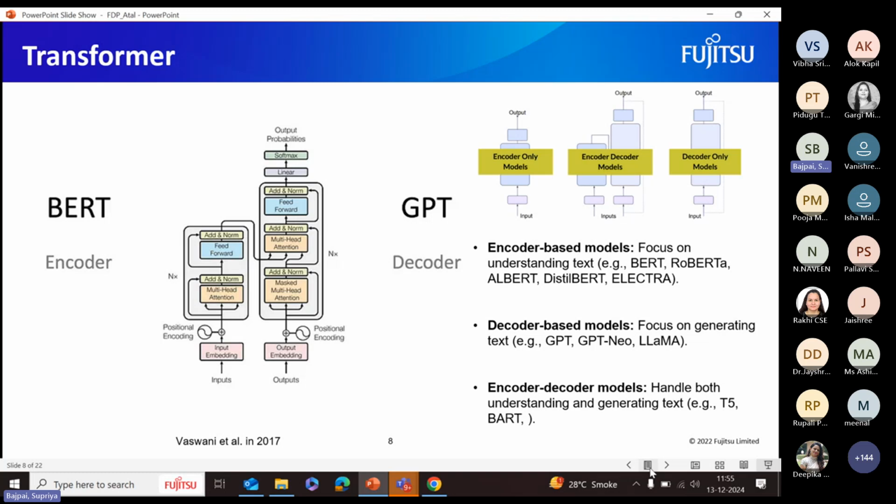Actually, decoder-based models are not just good at generating text, they are also good at understanding it. That's why decoder-based models are leading for large language models like GPT and Llama.